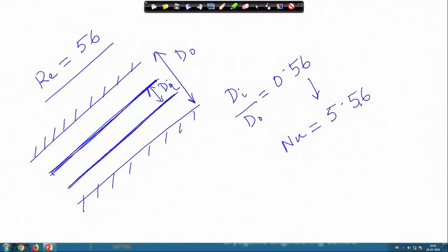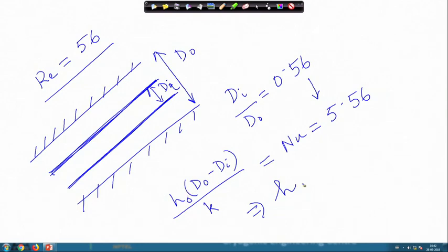This can also be obtained from Incropera and DeWitt's book. Here, this is h into d0 minus di by k of the fluid. So, we can find the heat transfer coefficient of the annular space, and this comes out to be 38.4 watt per meter square K.